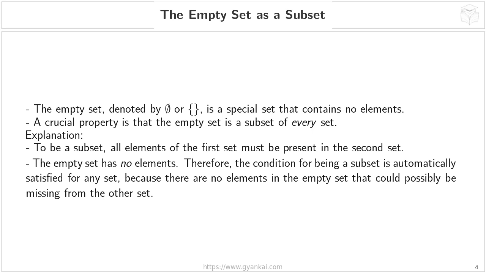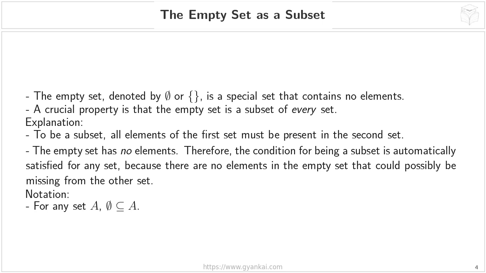There are simply no elements to check. Because there's nothing in the empty set that isn't also in any other set, it satisfies the condition of being a subset. We write this mathematically as emptyset is a subset of A. So, for any set A you can think of, the empty set is always a subset of it.